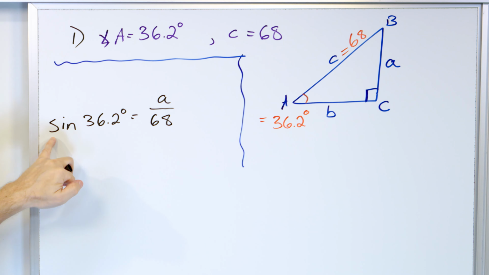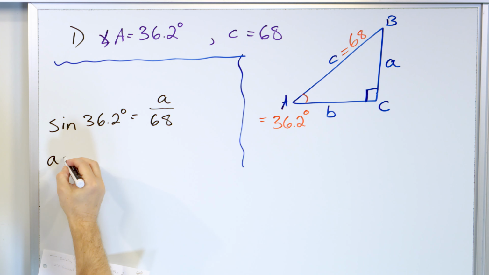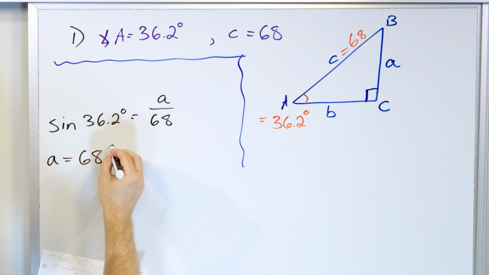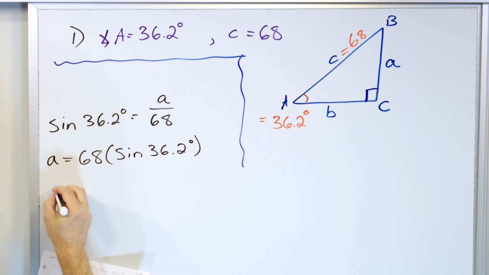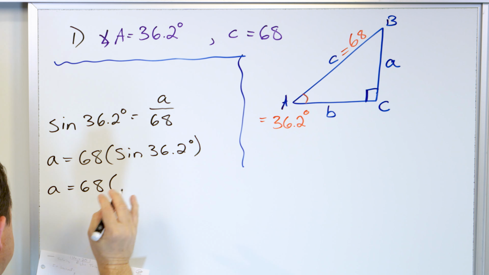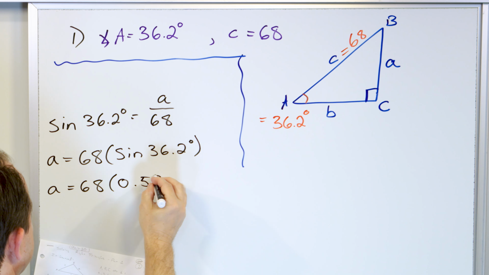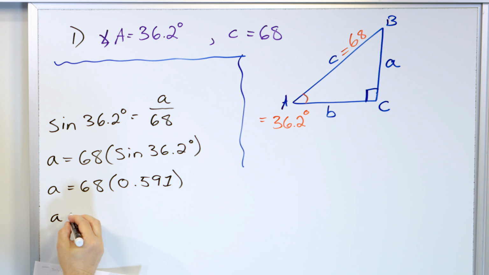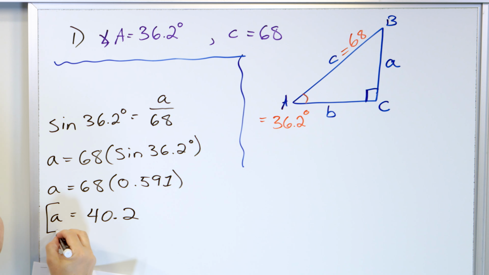So this is a number, this is a number, and so then I can solve for A. How do I solve for A? I need to multiply by 68. So A will be 68 multiplied by the sine of 36.2 degrees. So A is 68 times 0.591, and when you multiply this out, you get 40.2. And this is the answer for A.